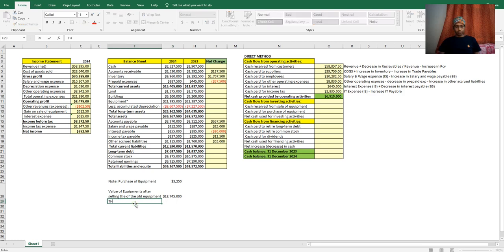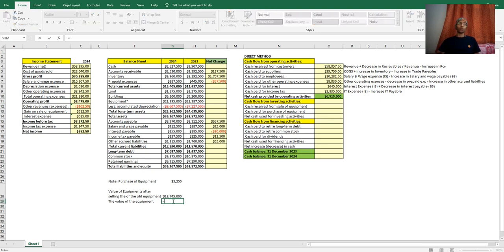and the value of the old equipment was, if you want to find this of the old equipment, this is basically the equipment that was there at the beginning of the year. So if you subtract this amount, that is without the equipment, whatever the asset item total value is, and with the equipment what the total value is, the difference of that is basically the equipment that is sold, the value, the cost of the equipment that is sold, not the sale price, the cost at which you acquired it.